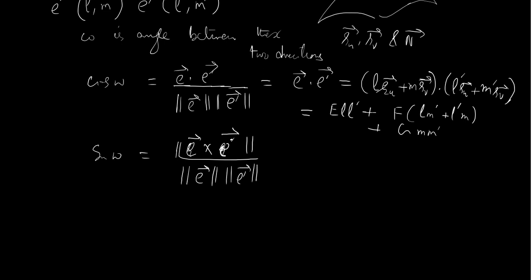So you can easily evaluate them by taking the cross product of the two vectors. It would be l m prime minus m l prime, not whole divided by, because the division is by 1, multiplied by h, where h is equal to the length of the vector ru cross rv.